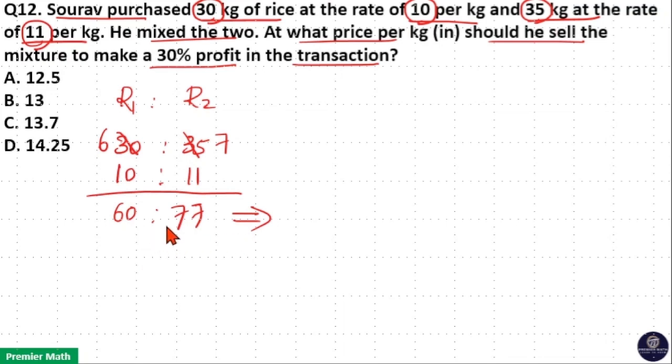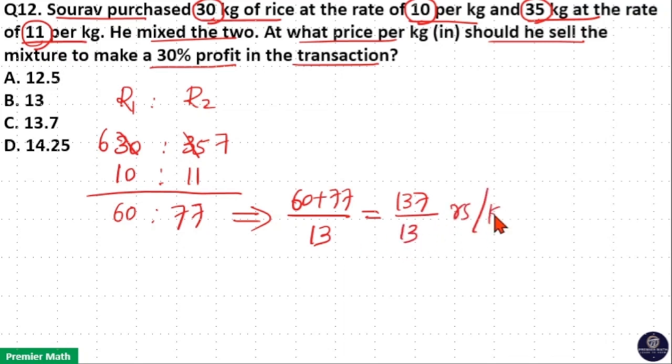Total parts are 60 plus 77, divided by total weight ratio parts, 6 plus 7, 13. Now this will become 137 by 13 rupees per kilogram for the new mixture.